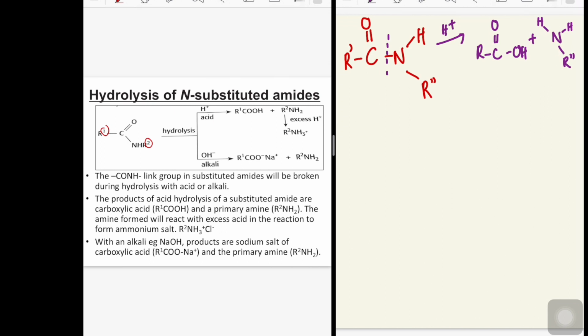Initially you have one hydrogen, now you have two hydrogens. However, this primary amine is a base, so it is basic and it can react with this hydrogen. This base and this hydrogen can react with each other, so you will get NH3 R2 plus. That's your hydrolysis with acid.